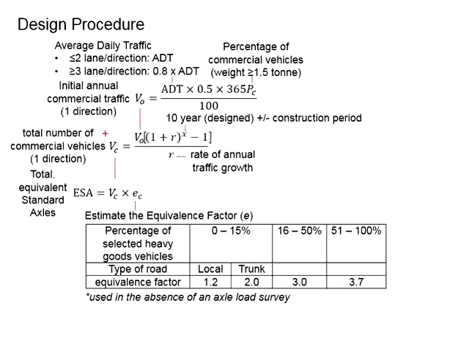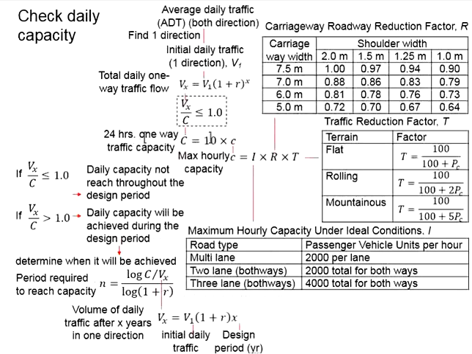Also, Vc is calculated on the basis of the total number of commercial vehicles in 1 year, as it is calculated on the basis of ADT, average daily traffic, multiplied by 365. That is a total of 365 days in a year. As for Vx here, we are talking about the daily one-way traffic flow.